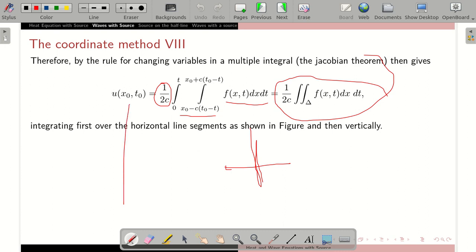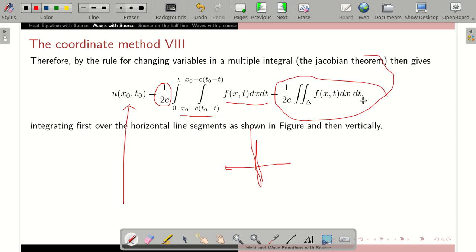So you get the solution at point x0, t0, and for any general point x, t, just keep calculating at each point. You can write the solution in this manner: u of x,t equal to 1 by 2c, double integral over that triangle of f x,t dx dt.